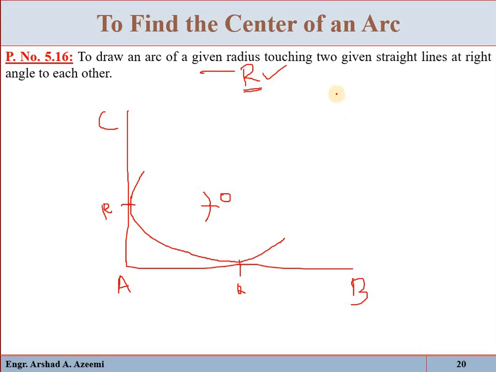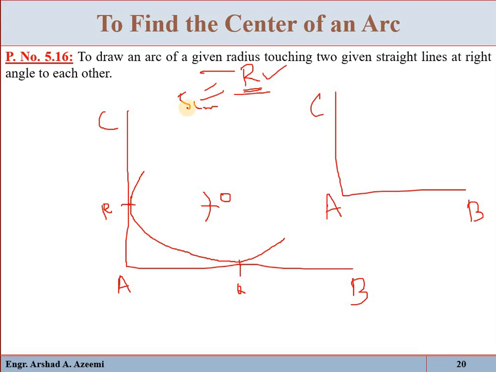Okay, see, again just repeat it. Suppose the right angle is given, that is AC and AB lines are given. Now here we have to draw an arc which is required to touch these two lines, and the radius of the arc is given, for example 5 centimeter.